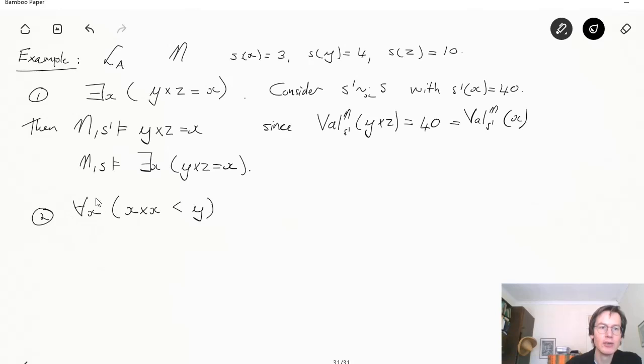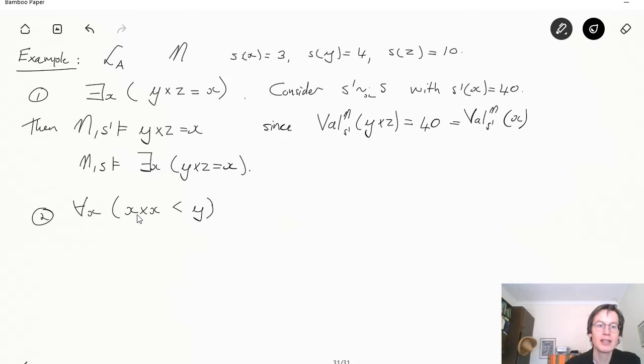To show that a universally quantified formula is satisfied in N relative to assignment S, I need to show that the argument of the universal quantifier, the thing in brackets here, is satisfied relative to every x variant of S in the structure N, where x is the quantified variable. So to show that this is not satisfied under S in N, I need to come up with at least one x variant of S such that relative to it, this is not satisfied.